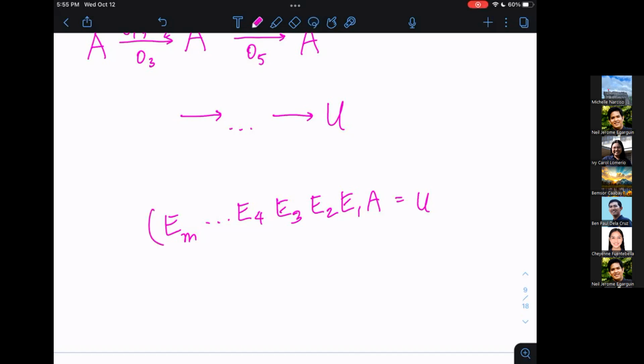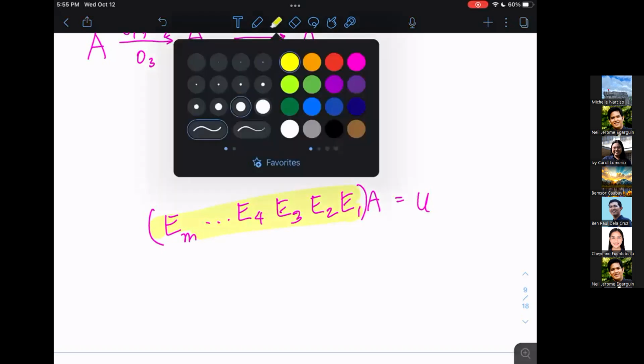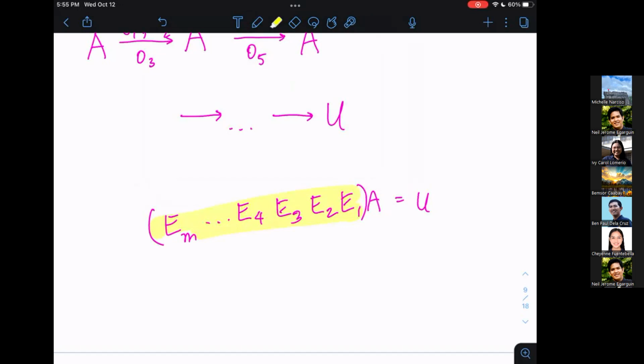I am hoping that this product here is invertible. Sana invertible siya. So, kung invertible siya, pwede kong i-apply yung inverse niya to both sides and get, A equals EM until E1 inverse, i-multiply ko lang kay U.